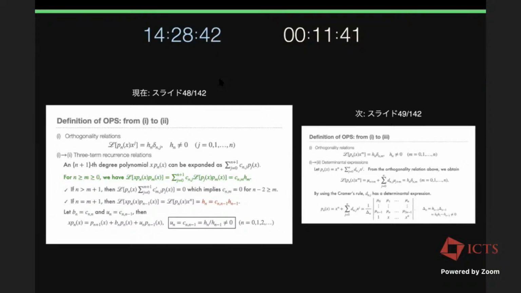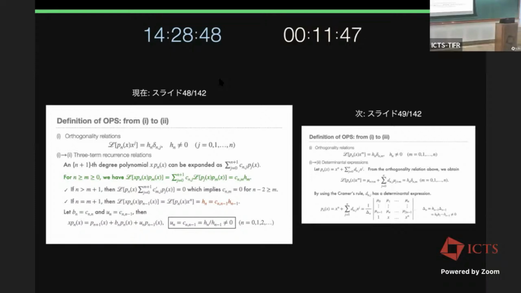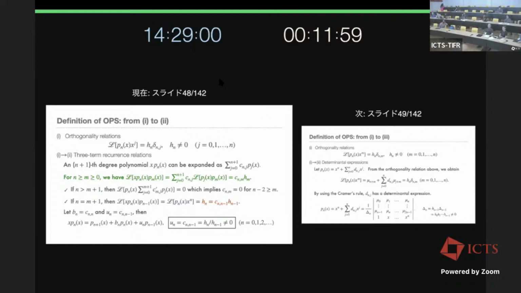And Pn(x) as well: under this condition every term will have degree less than n, since n plus 1 is smaller than n, so it will be 0. This implies that the coefficients Cnm are all 0 under this condition. This will give us the three-term recurrence relation.